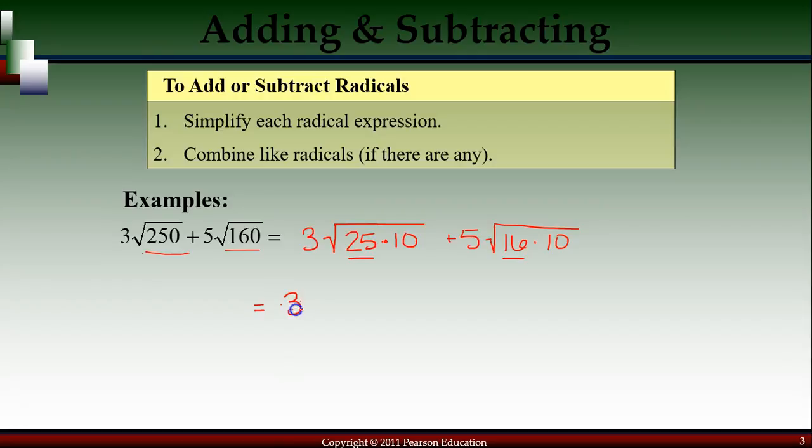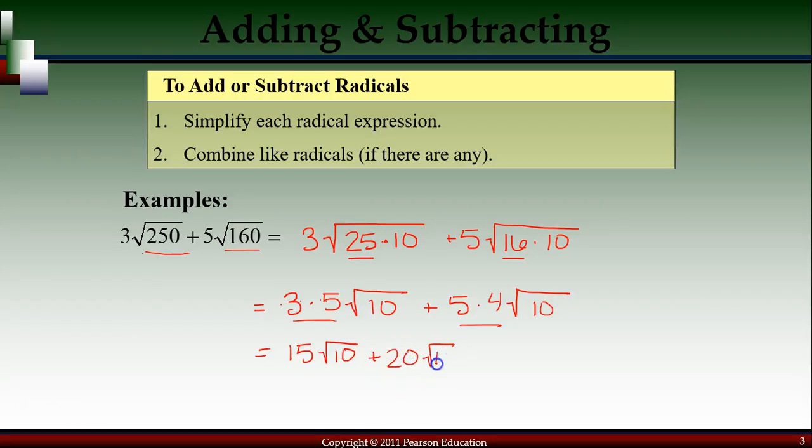We get 3 times 5, because the square root of 25 is 5, times the square root of 10. And then 5 times 4, because the square root of 16 is 4, times the square root of 10. Multiply these values, you get 15 square root 10 plus 20 square root 10.